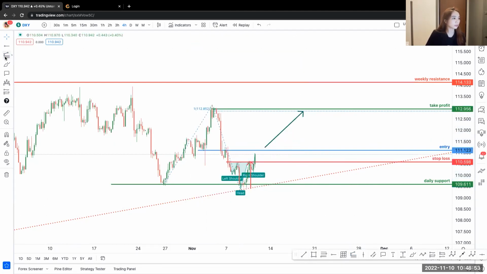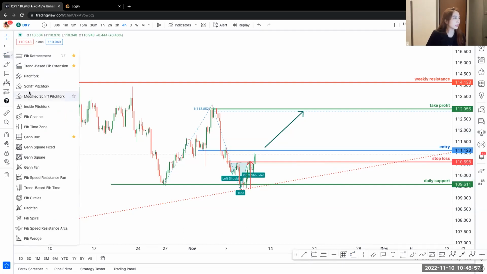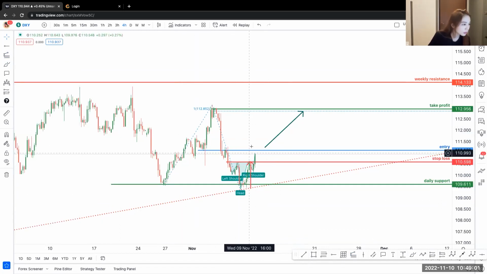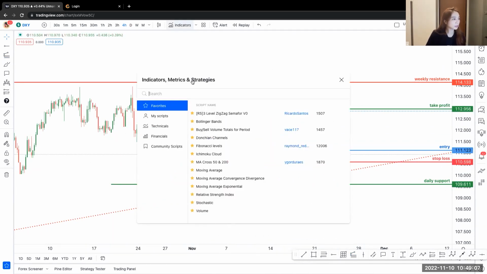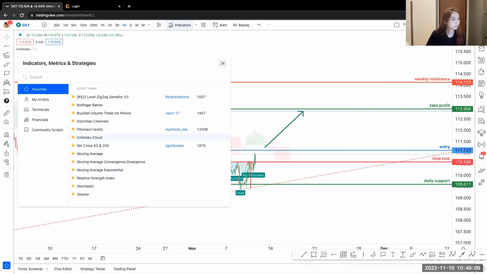Let's just remove the 61.8 and then take a look at our indicators.